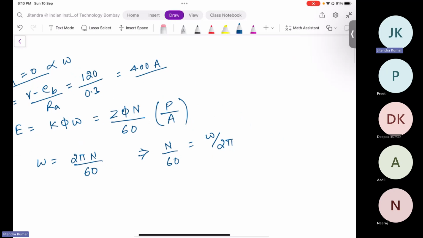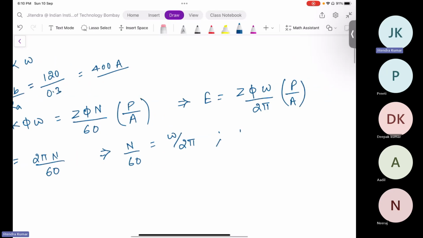So E is equal to Z phi omega by 2 pi into P by A. So here K will be Z by 2 pi into P by A. Right?